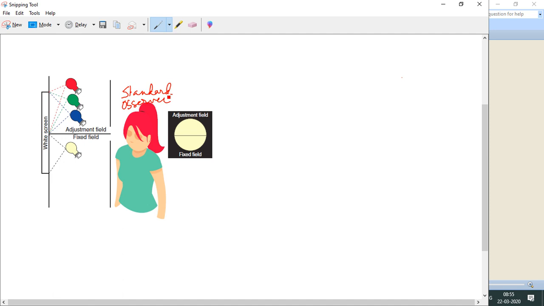Now, in order to get a uniform visual color perception that represents the entire human population, we need multiple standard observers matching colors in this manner, so that we can get a statistically significant result with very low deviations.